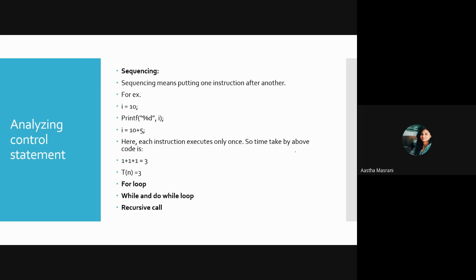Am I clear? We had already studied the big O notation and omega notation. In that we studied how to write any equation as a function of n, and the highest order of that equation is its worst case complexity.